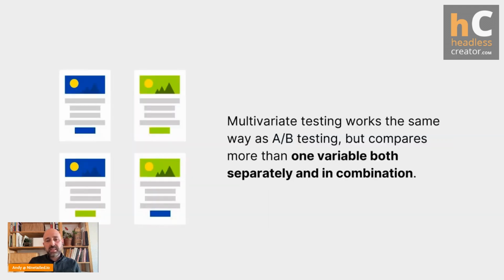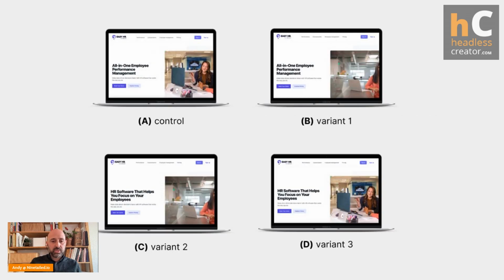And in A/B testing, we also have what we call multivariate testing. It works in a similar way to A/B testing, but instead of comparing just one variable, we compare different variables separately and in combination. For example, we could have an image and another image, or a button and another button, and at the end we combine these images and buttons in different variants and find which works best.